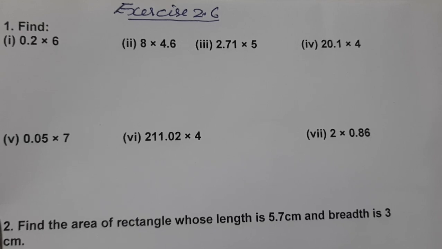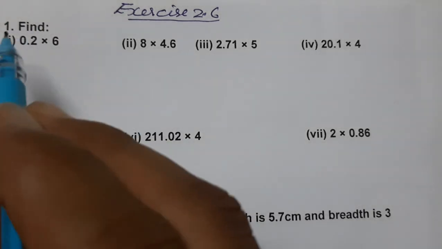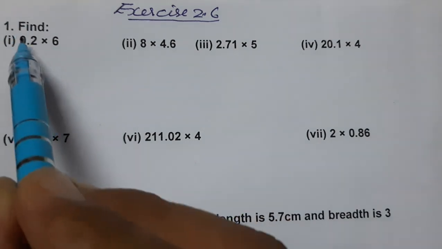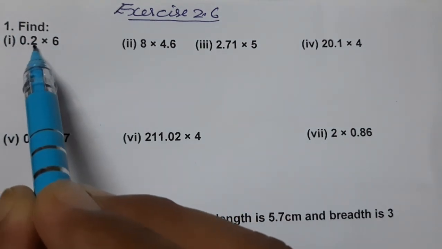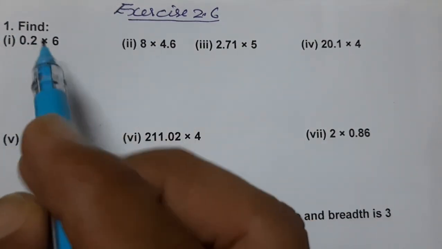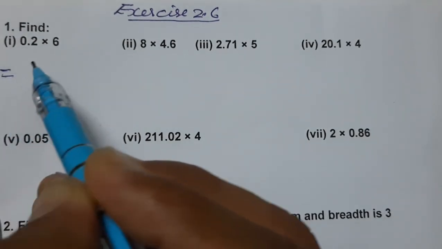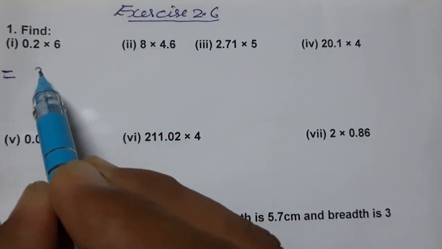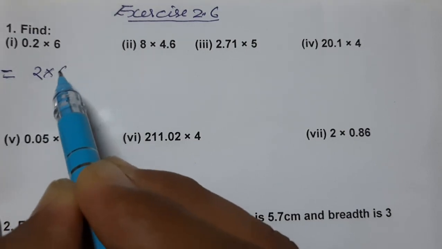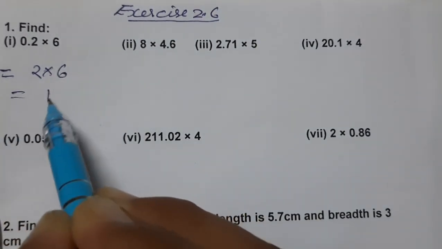So let us start exercise 2.6 based on the multiplication of decimal numbers. So children, you understood how to multiply decimal numbers. Let's start with question number 1. Find 0.2 into 6. Once again I am telling you, just ignore the decimal and multiply. 2 sixes are 12.